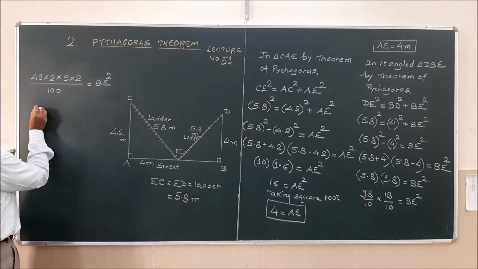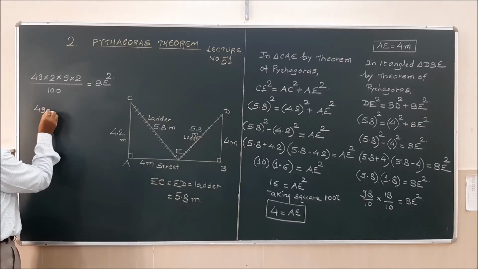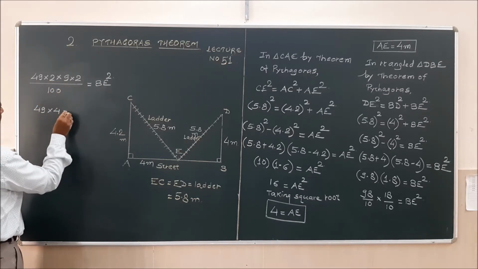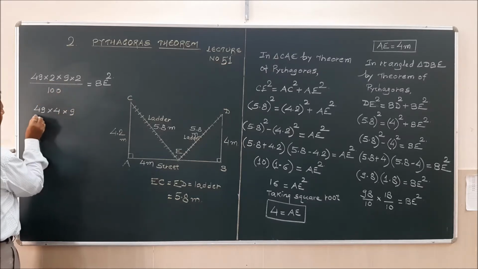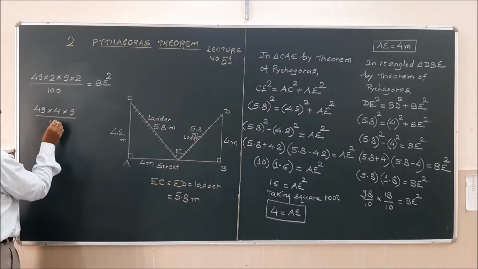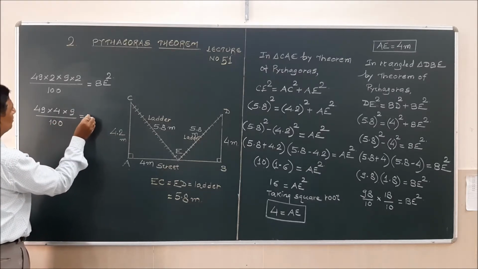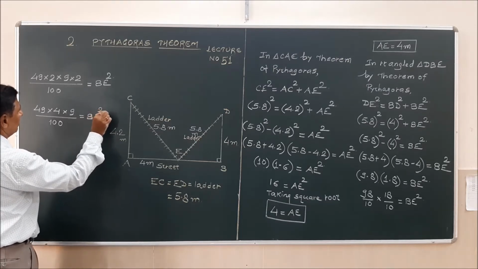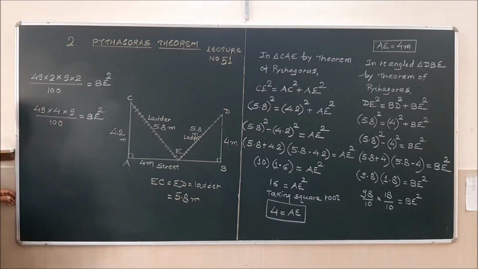So 49 into 4 into 9 upon 100. That is equal to BE square.